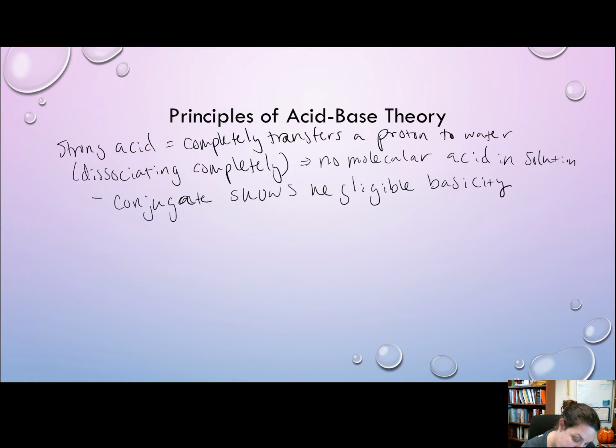If we have a weak acid, there is only partial dissociation in water.